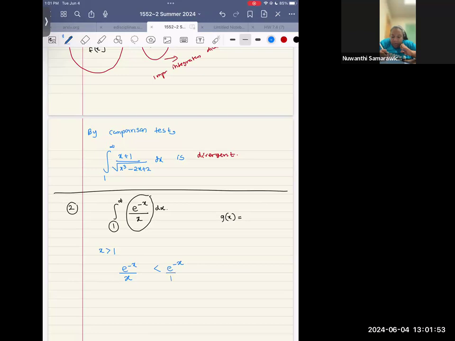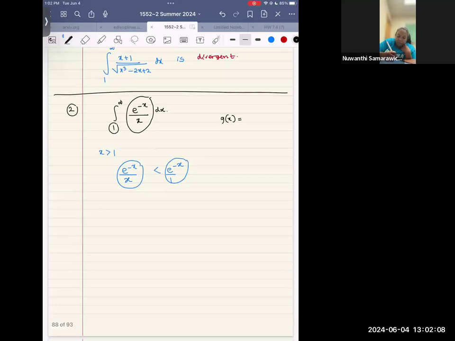If you have just 1, this is greater than this. So we can compare these two functions now. Instead of finding the improper integration of this, we are going to find the improper integration of the negative exponential function.